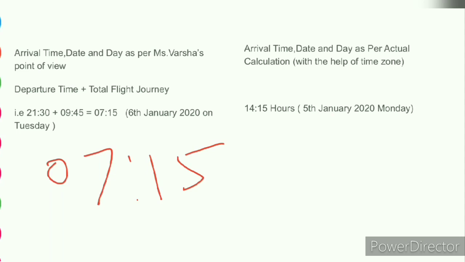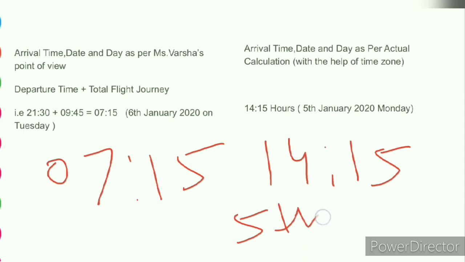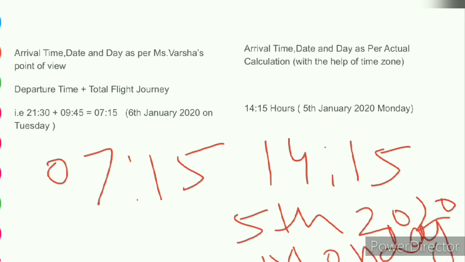But once we have calculated with the help of the time zone, the actual arrival at the destination is coming at 14 hours 15 minutes, and that is on 5th January 2020 on Monday. But she is thinking Tuesday because she doesn't understand the importance of the time zone.